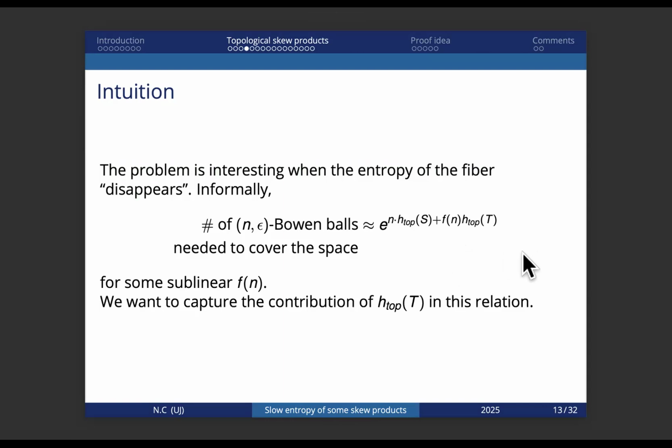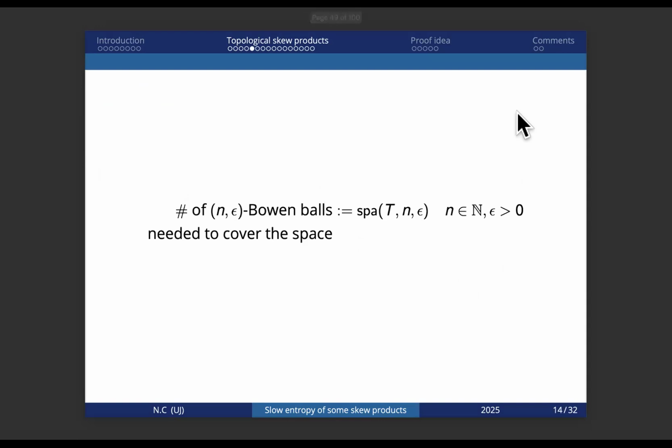So we want to capture the contribution of the entropy of T or the complexity of T in this relation. And let me use this notation. So the number of Bowen balls needed to cover the space will be denoted by this, spanning of T and epsilon.